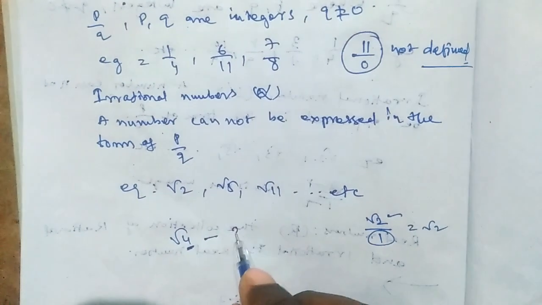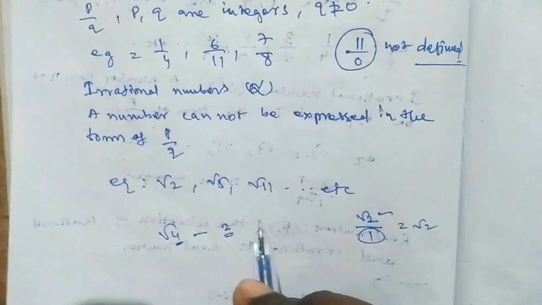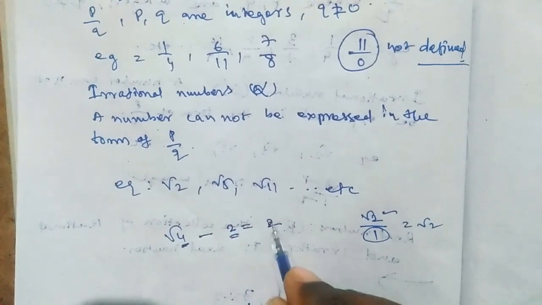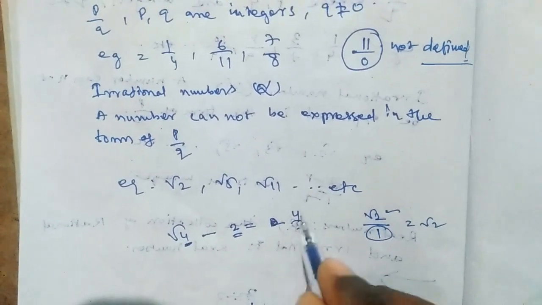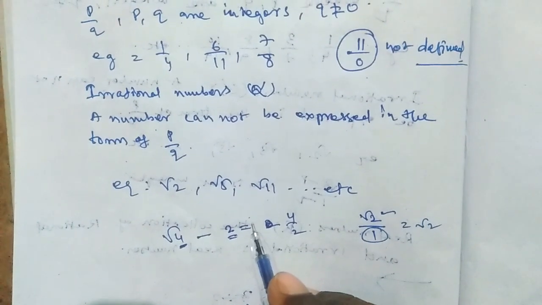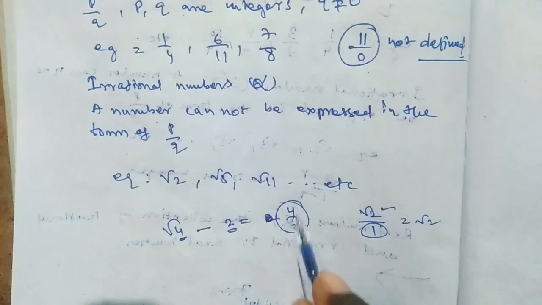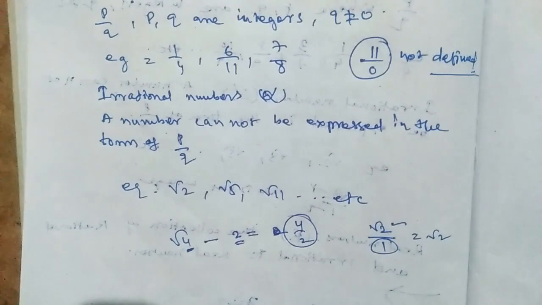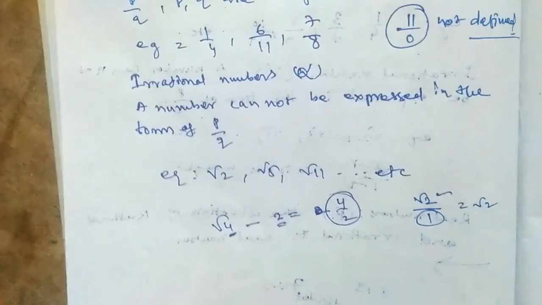It is 2. 2 is an integer. I can express it as 4 by 2. 2 ones are 2, 2 twos are 4. So it is a rational number. It can be expressed in the form of p by q. Do you understand? I hope you understand this concept. Okay. Next, real numbers.